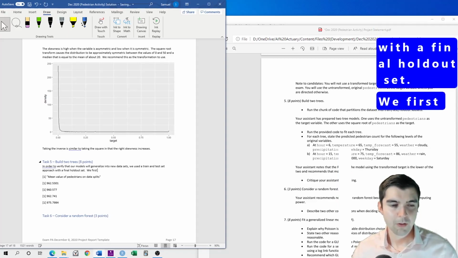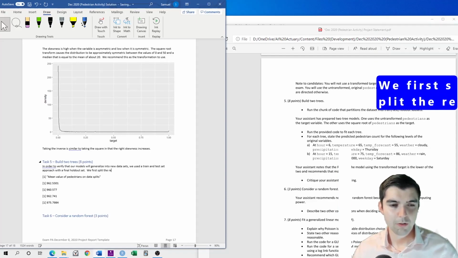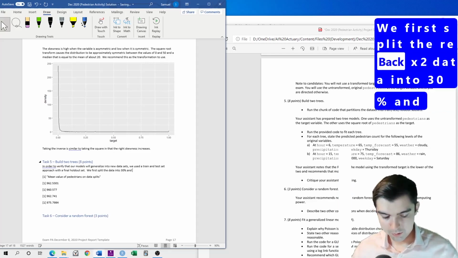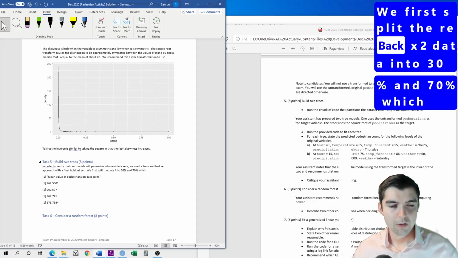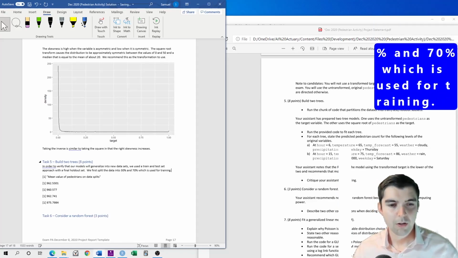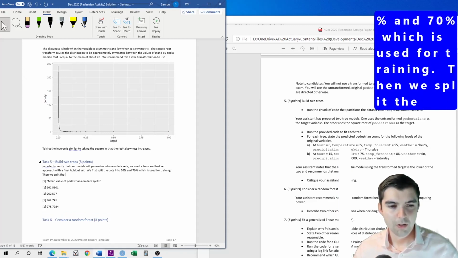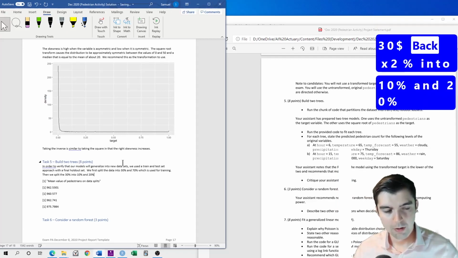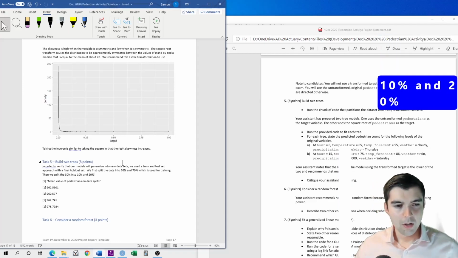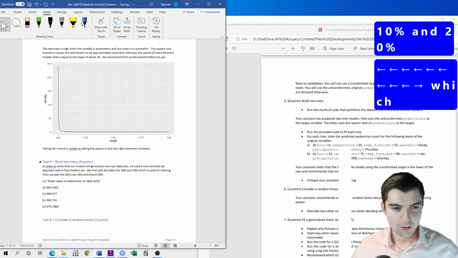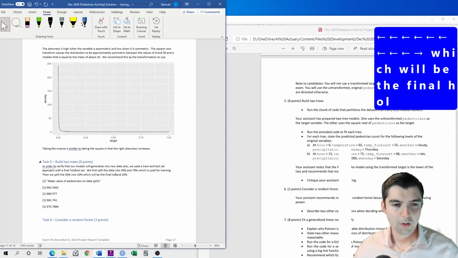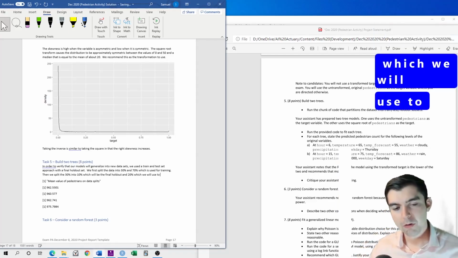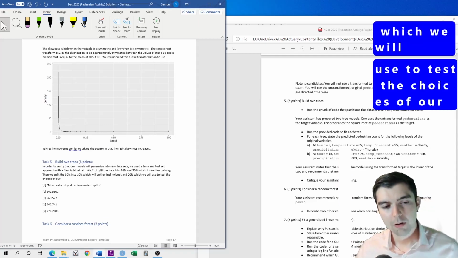We first split the records, the data, into 30% and 70%, which is used for training. Then we split the 30% into 10% and 20%. The 20% we will use to test the choices of our model parameters.